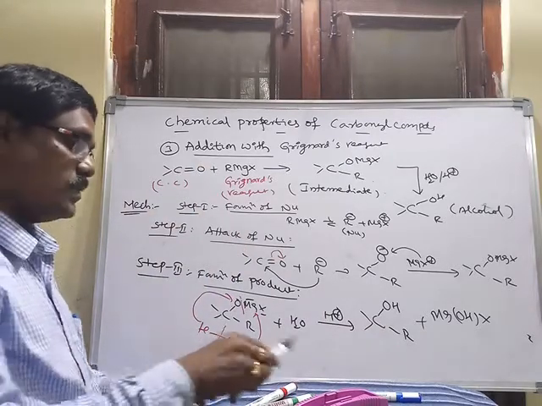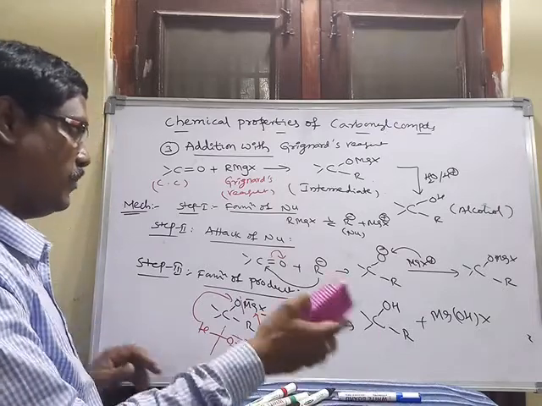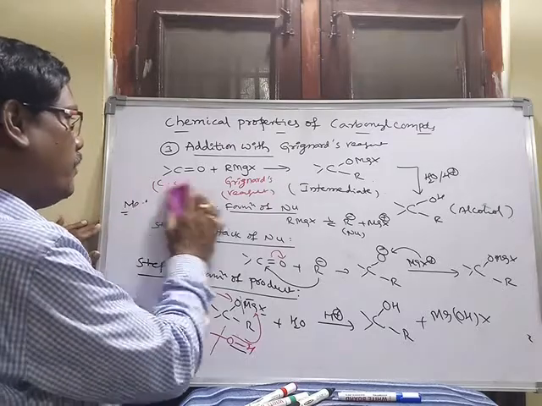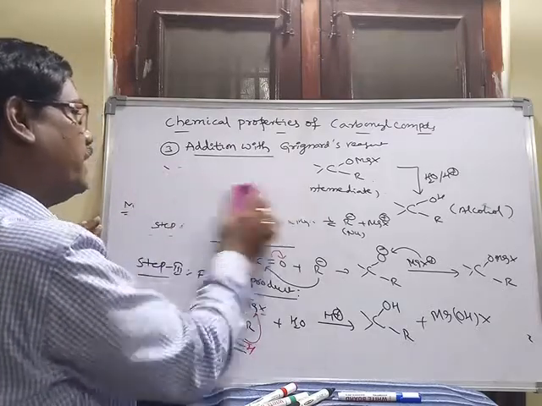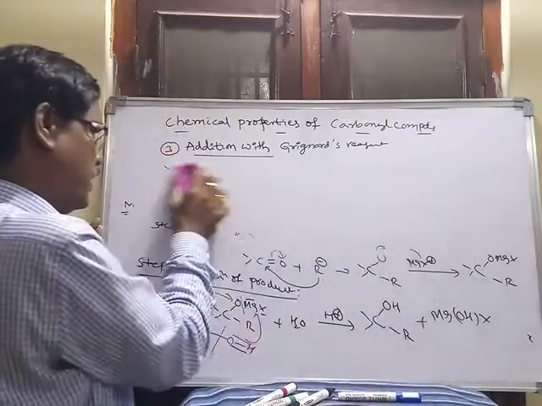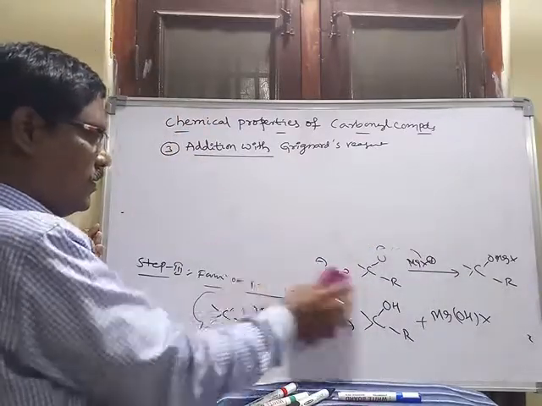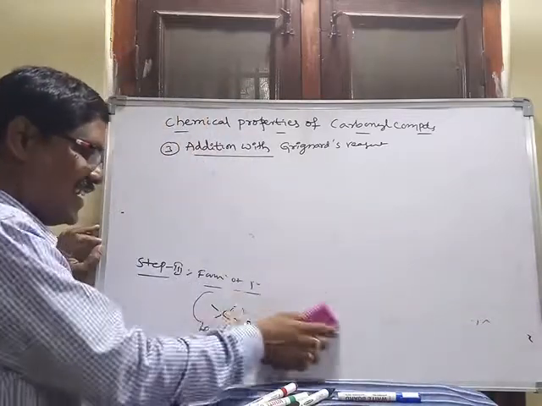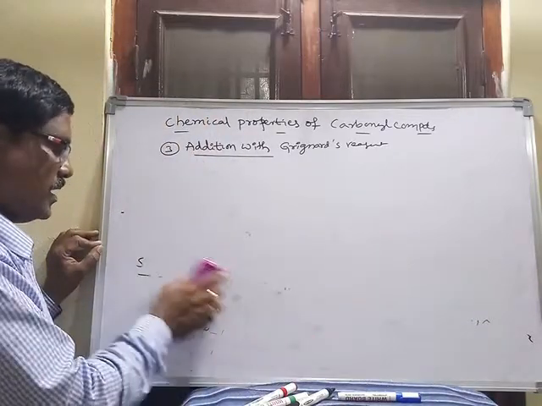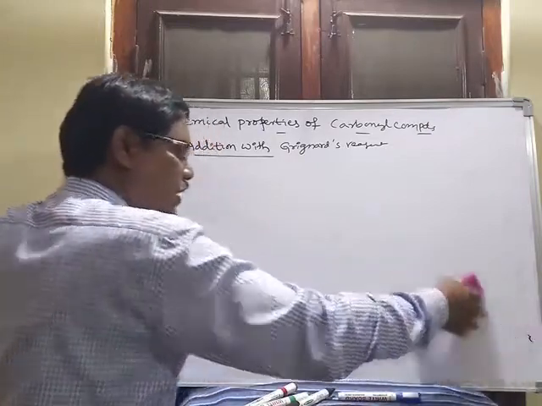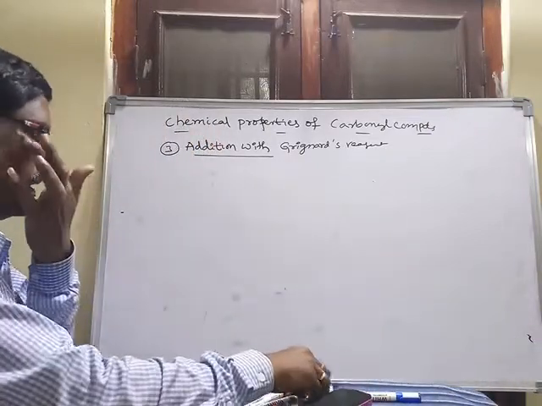I already gave information on this in previous videos. The carbonyl compounds we obtain by using Grignard reagent may give primary alcohol, secondary alcohol, or tertiary alcohol, based on the nature of the carbonyl component.